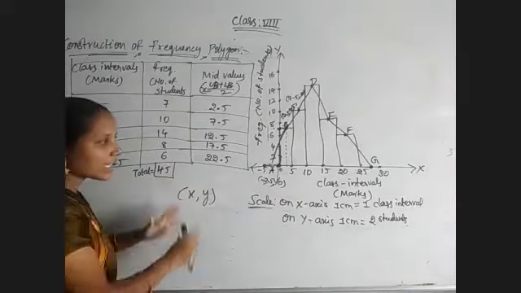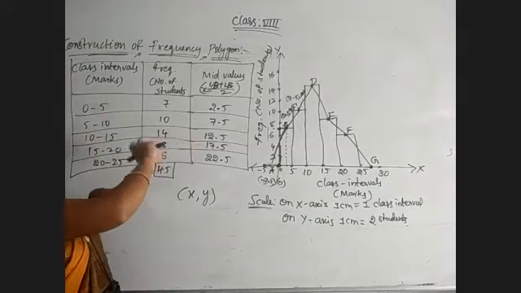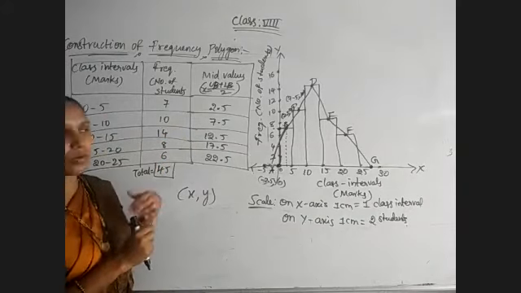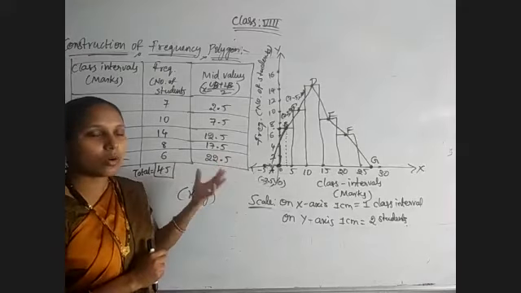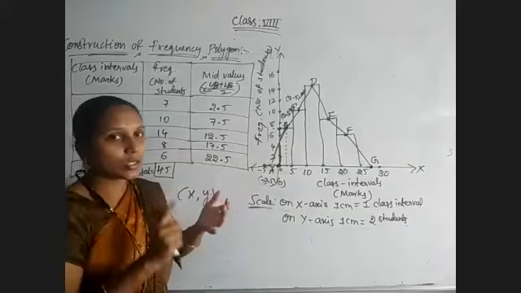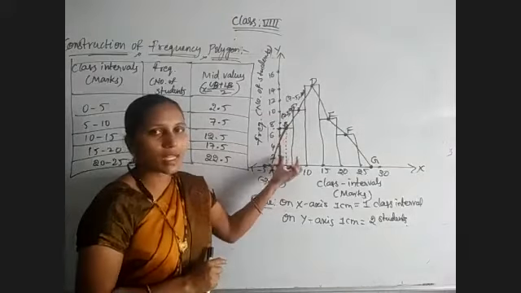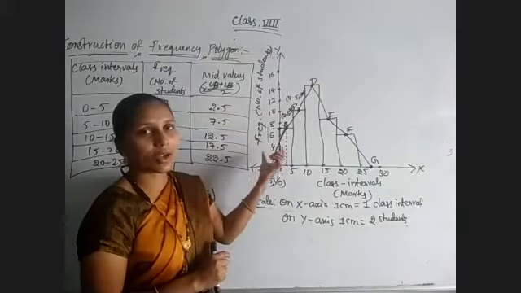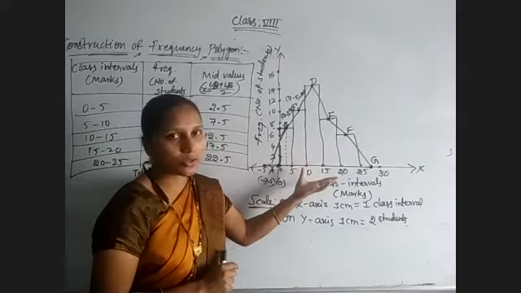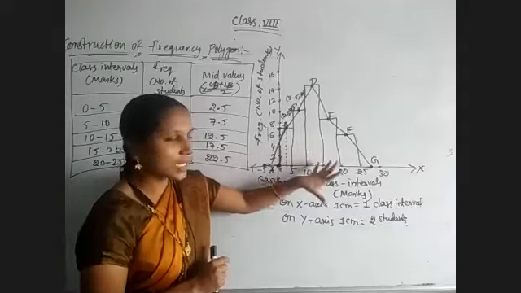So by taking the points without drawing the histogram, we can directly construct a frequency polygon. So no need to construct a histogram. Only for better understanding purposes we are using the histogram. And to make it clear that the area of the histogram and the area of the frequency polygon are the same for the same data, we have used the histogram and frequency polygon in the same graph.